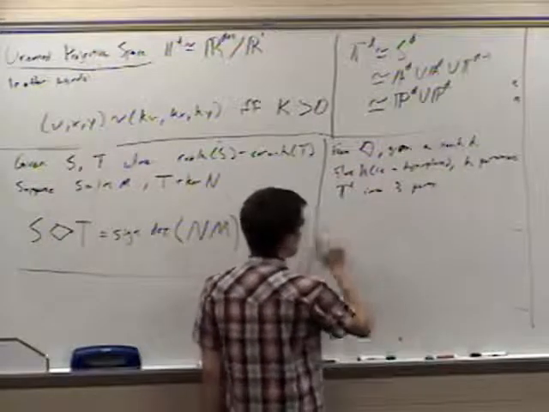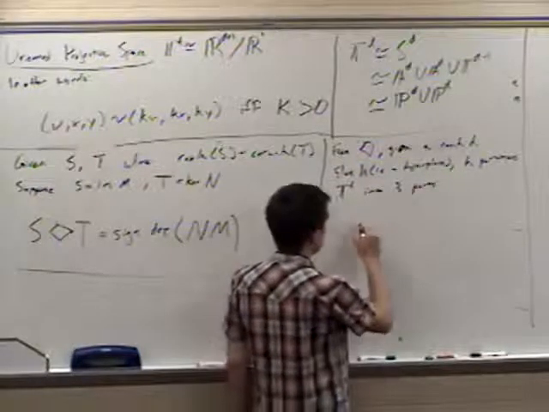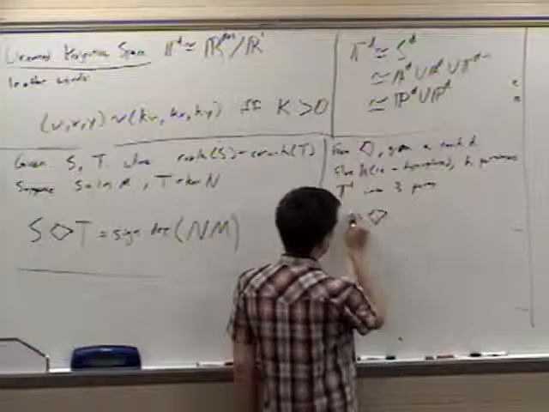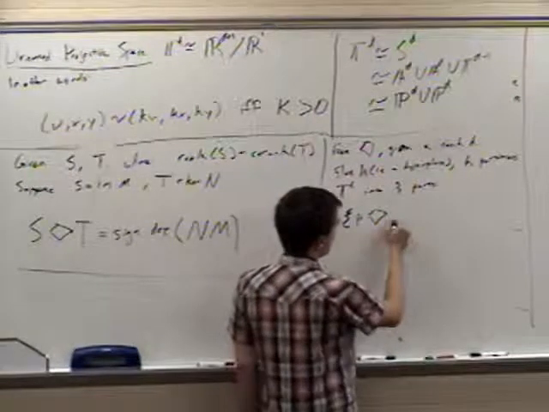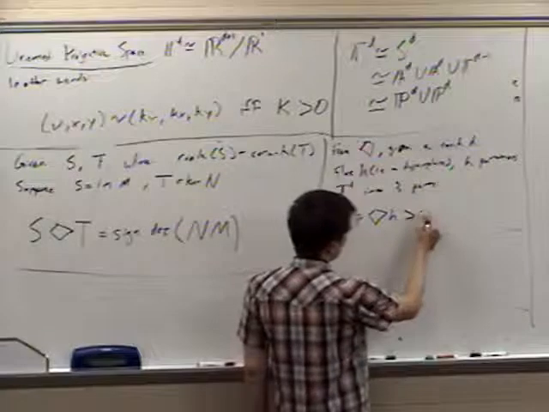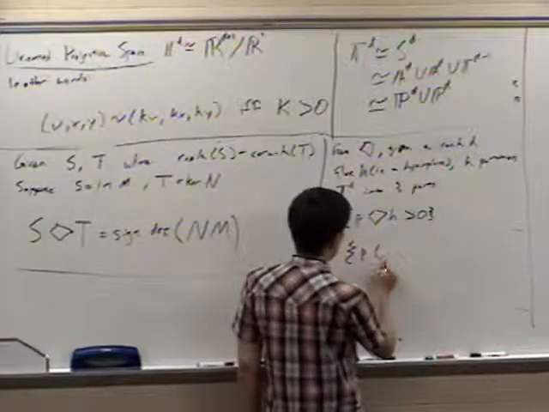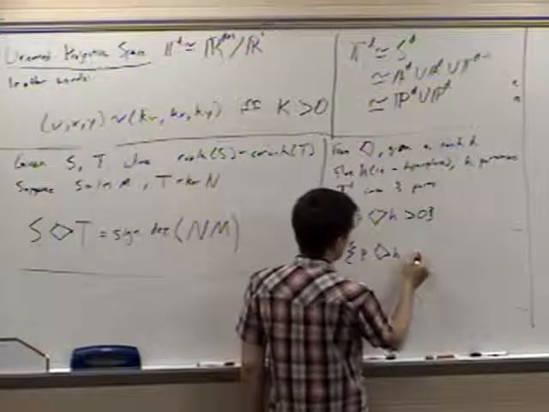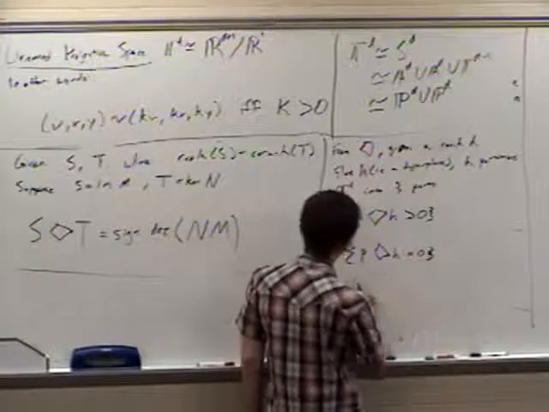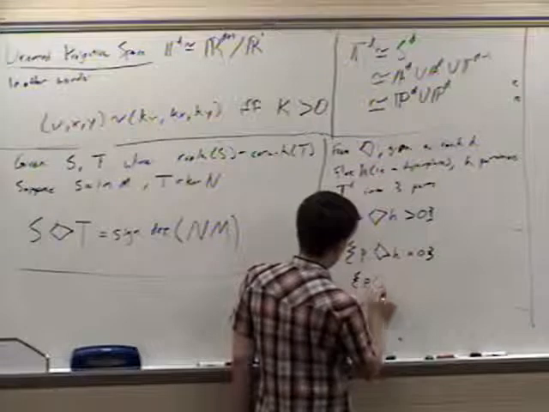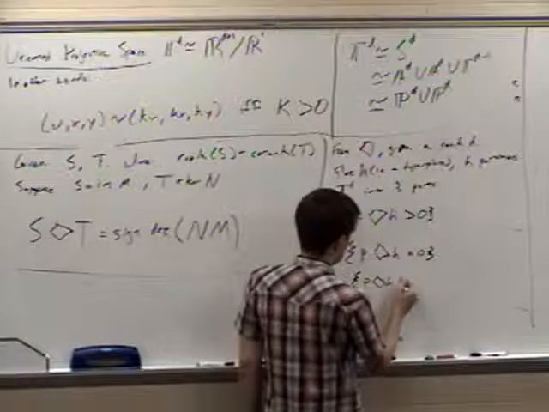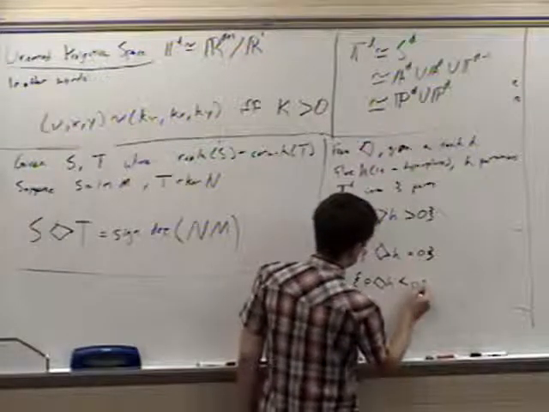So we have basically the collection of all points P. You have the set of all P diamond H greater than 0. We have the P diamond H equals 0. And then the P diamond H less than 0.